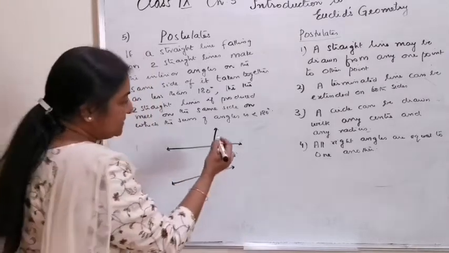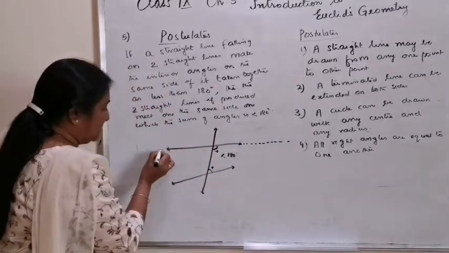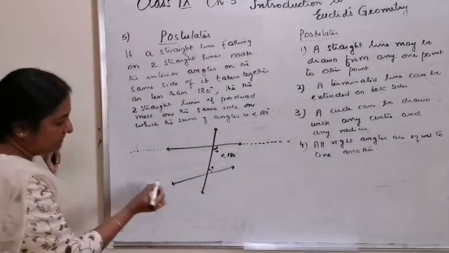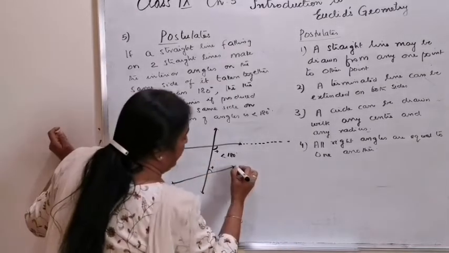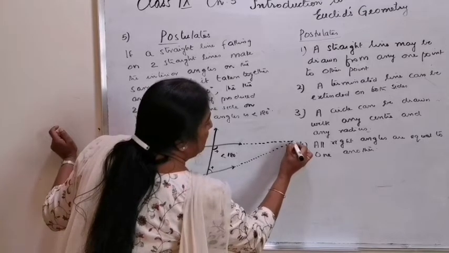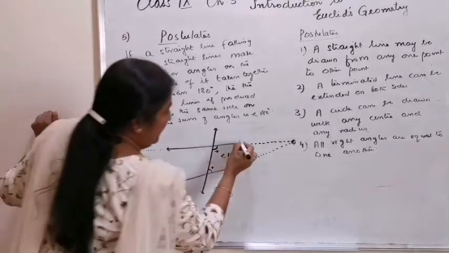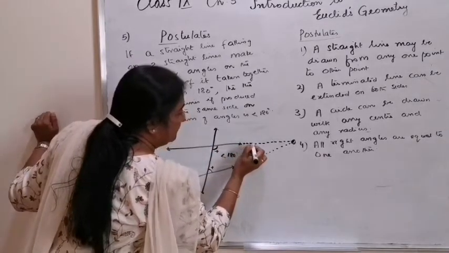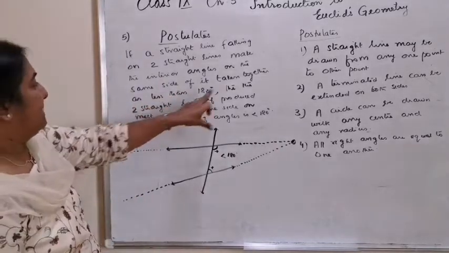Let us produce these two lines, this line in this direction, this line in this direction, and let it be straight, and this line here in this direction. Let me make the remaining part straight.